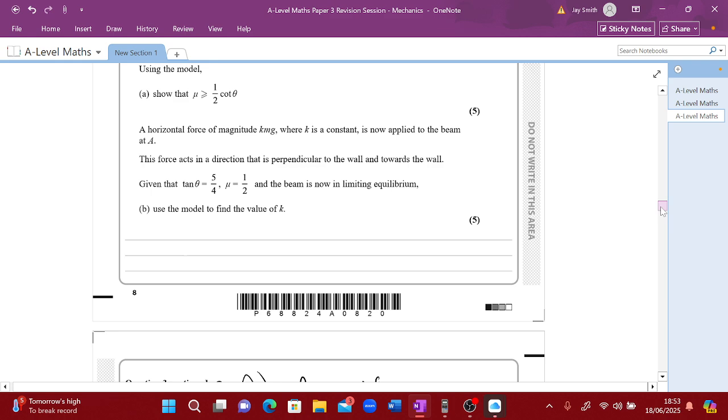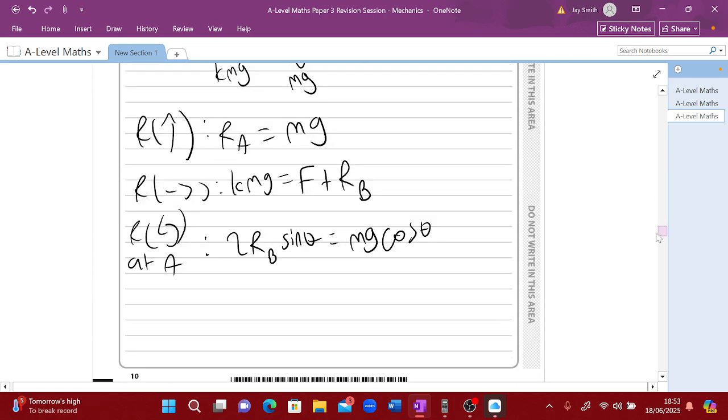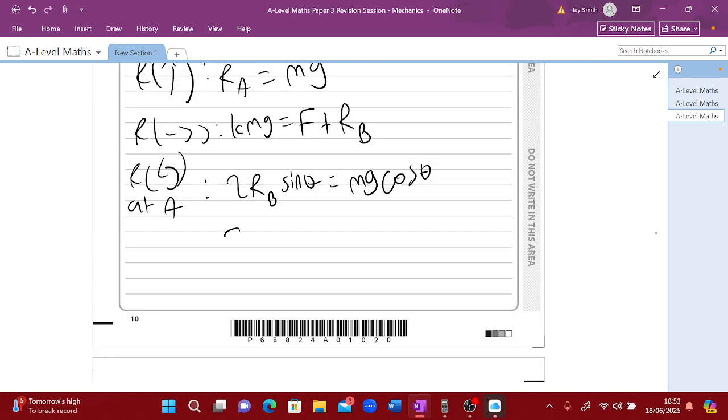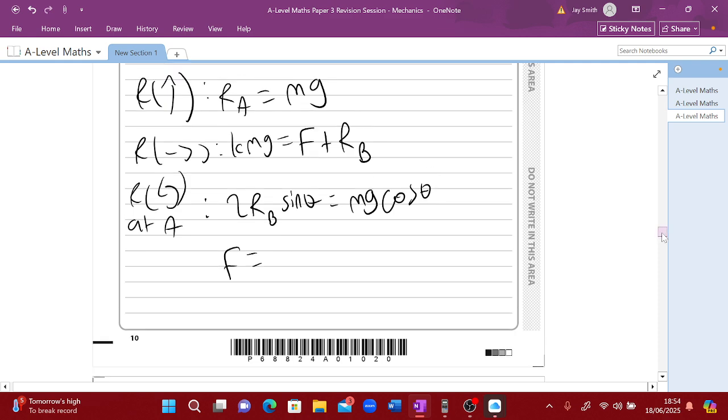Find k, yeah. But we're also given now mu is a half and tan theta is 5/4. But we also know, so we can also deduce F is equal to mu R now, because it's a limiting equilibrium. So F is at maximum friction, so it's going to equal mu R exactly.